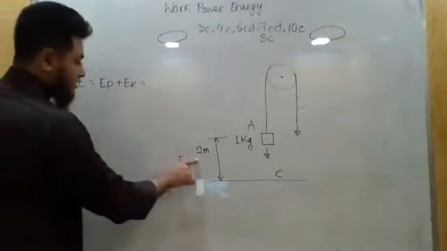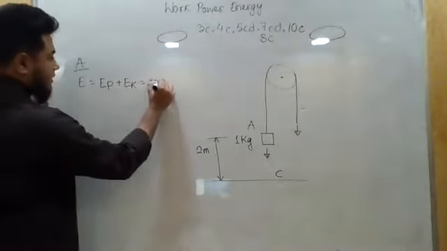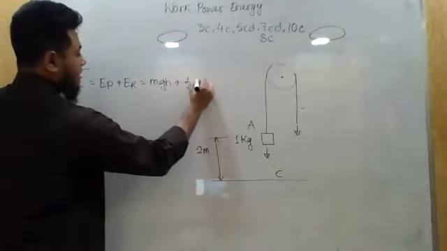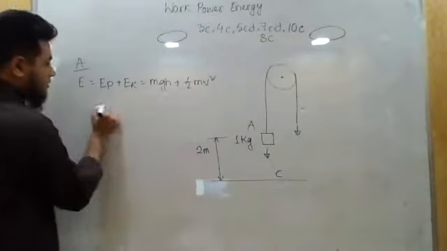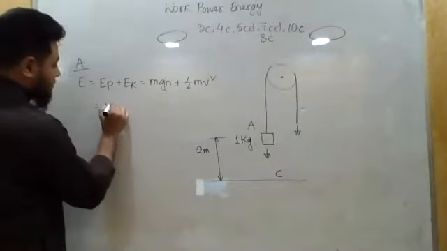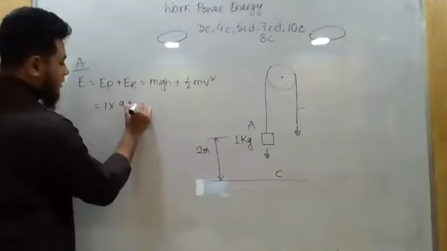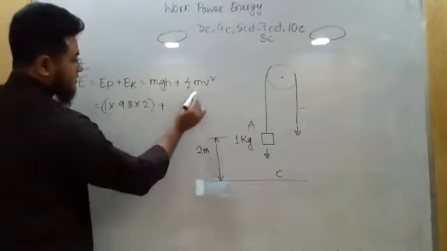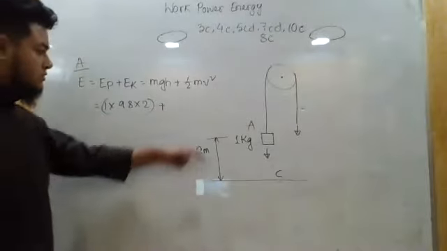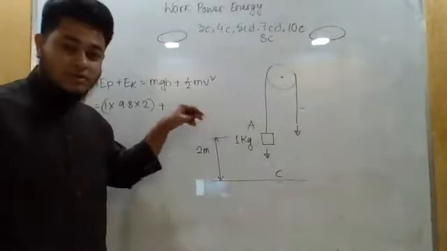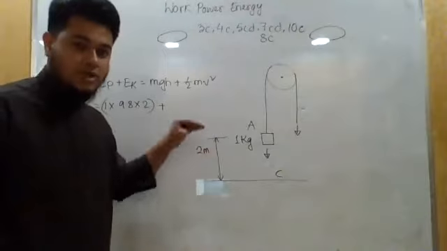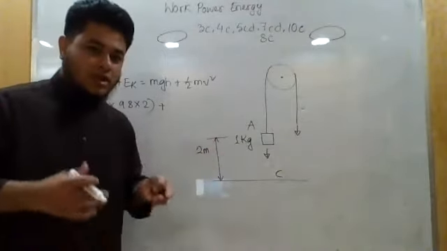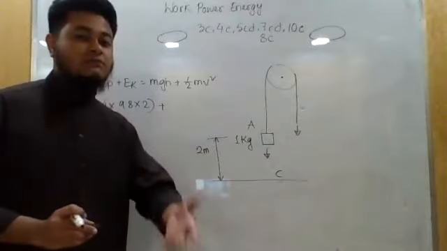Now the potential energy here we can easily calculate by mgh, right? And kinetic energy will be half mv square. Mass is 1 kg, into g is 9.8, into h, height is 2 meters, plus half m v square. The velocity is 0, since it started to fall from here. That means the initial velocity is 0, then when I let it fall, it will gain some velocity.